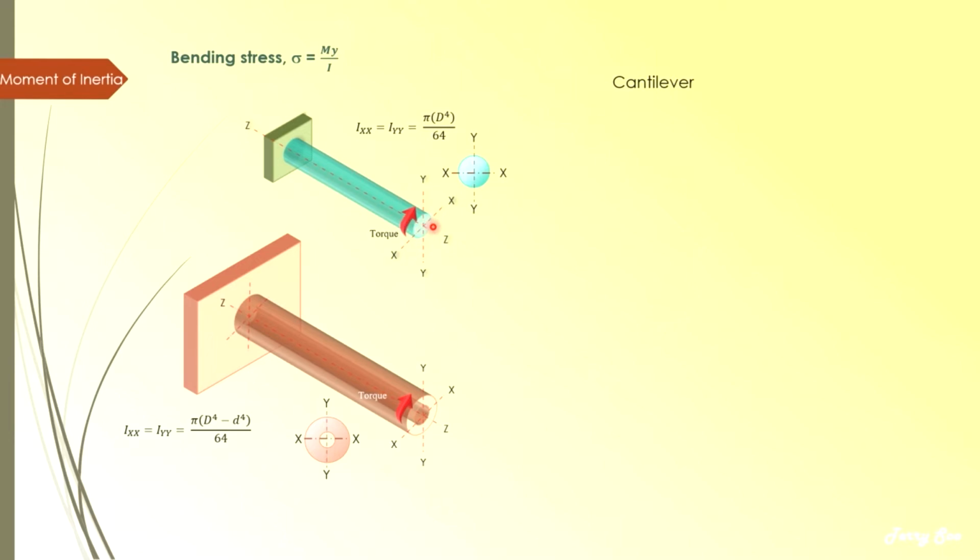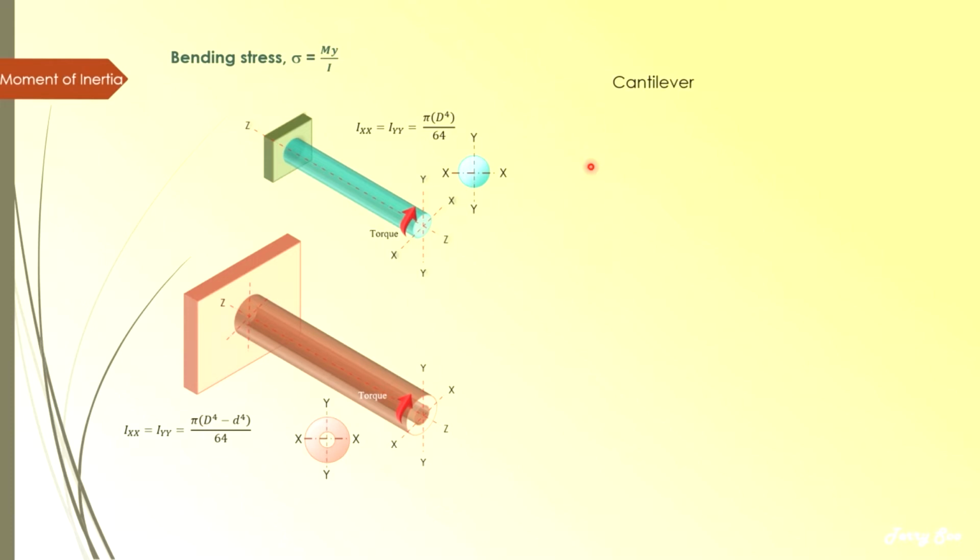So it is very important that we know the condition of how the shaft is being supported, cantilever or simply supported. So the bending moment M here will vary. The maximum bending moment will be different for different cases or different conditions.